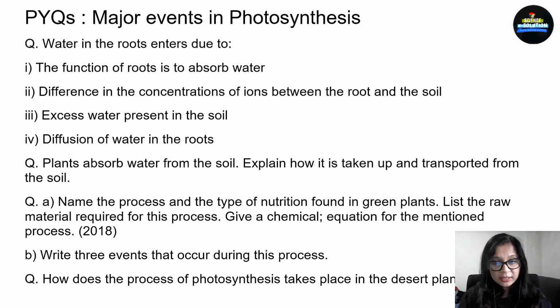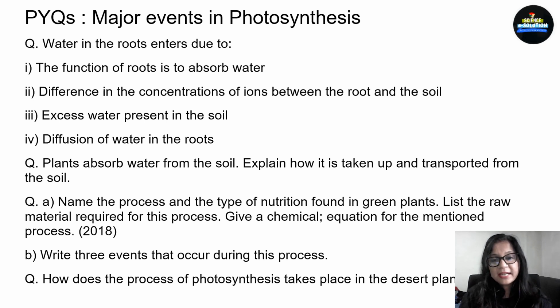Now, one more thing, it is not necessary that these events should be in a proper sequence, because of the next question: how does the process of photosynthesis take place in desert plants? Two lines are given in your NCERT example, that the sequence of the events that occur in photosynthesis may not occur in sequence, for example in desert plants.